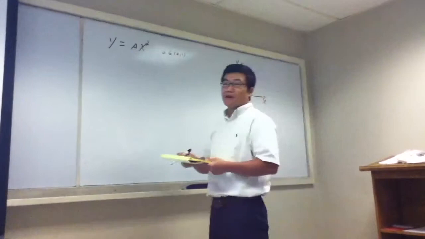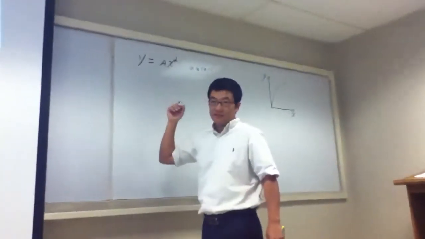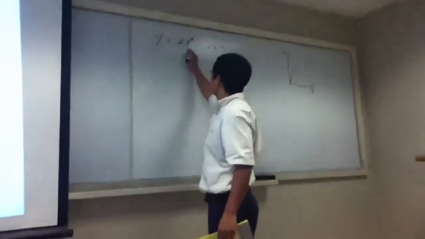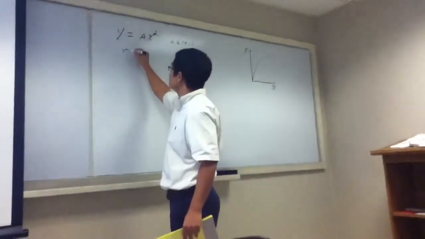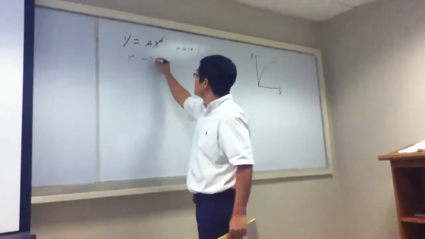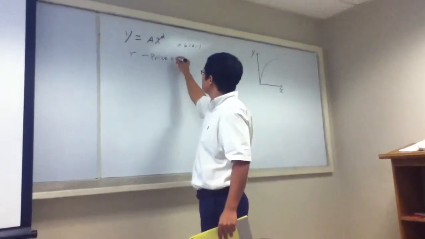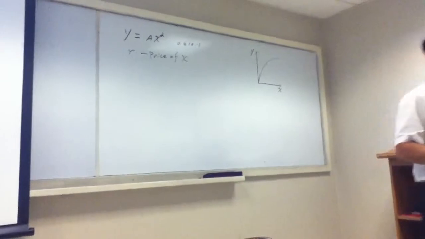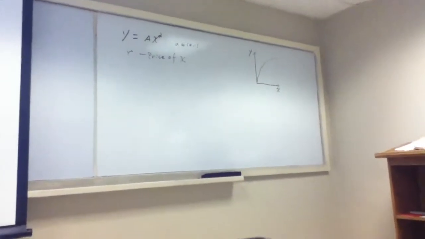Well, the minimum cost, if y is given, and assume the price of x is r. So in order to produce y, what is the variable cost if you just have one variable factor?